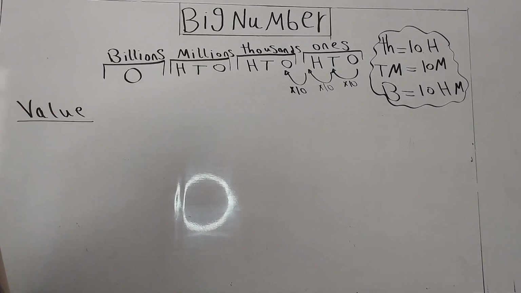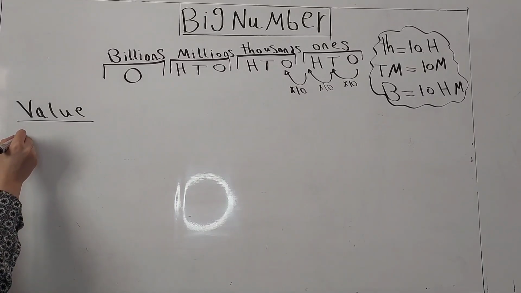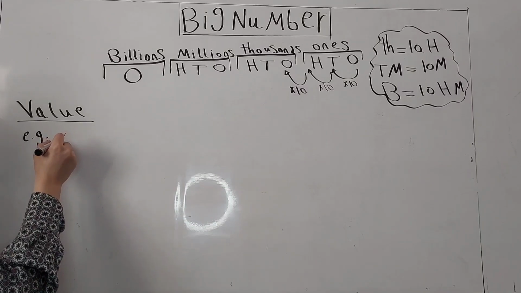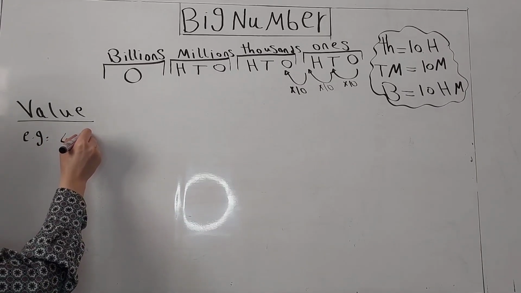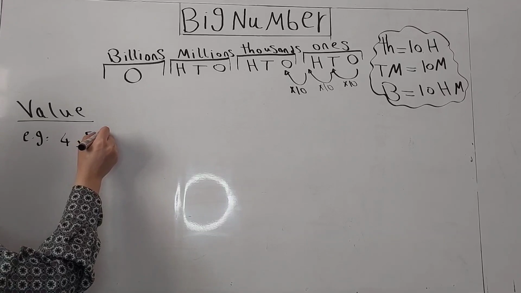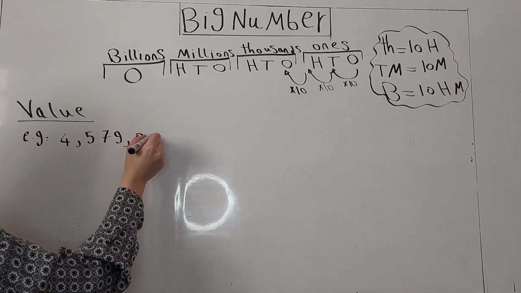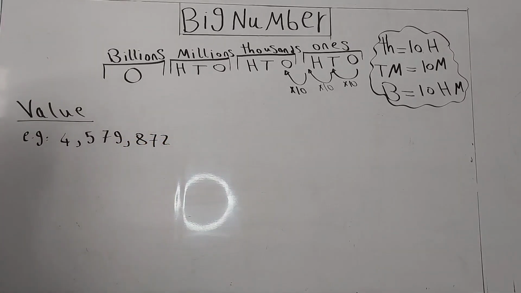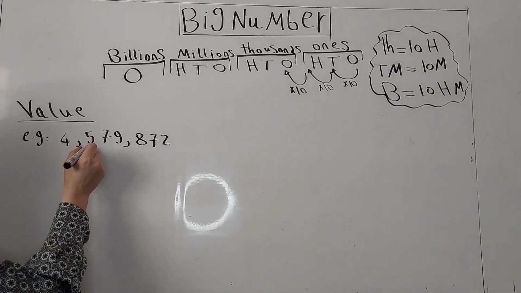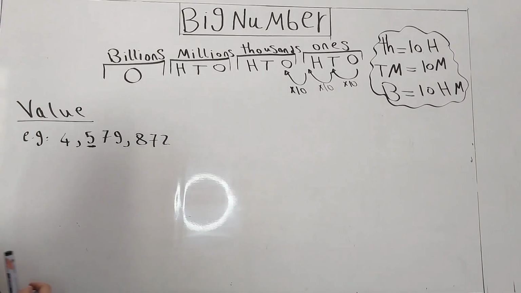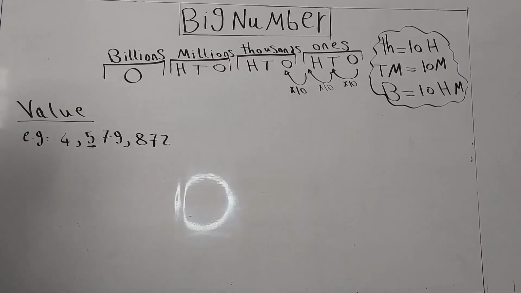Let's take a given example. In this number, we need to write the value for the digit 5. We have 2 ways to write the value for the digit 5.